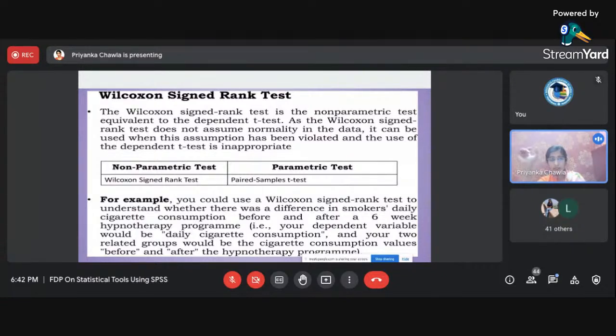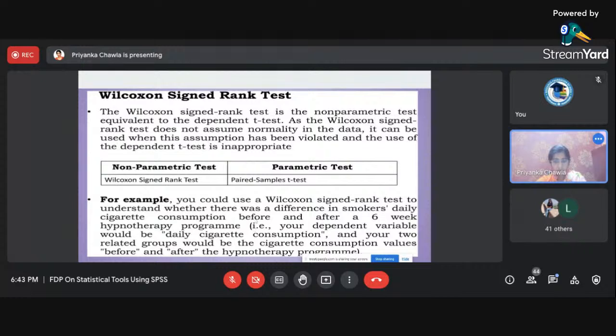Under pair t-test, we were assuming that we collect data in the form of interval scale. For example, your test will be taken after delivering the session and before delivering the session, right? So how much marks will you get? Out of 10, you will be getting 8, someone will get 6, someone will get 9. So this is interval scale ratio, before and after. Then we will apply this pair t-test.